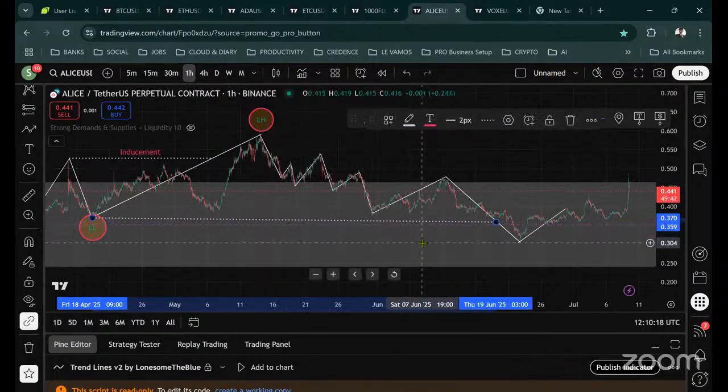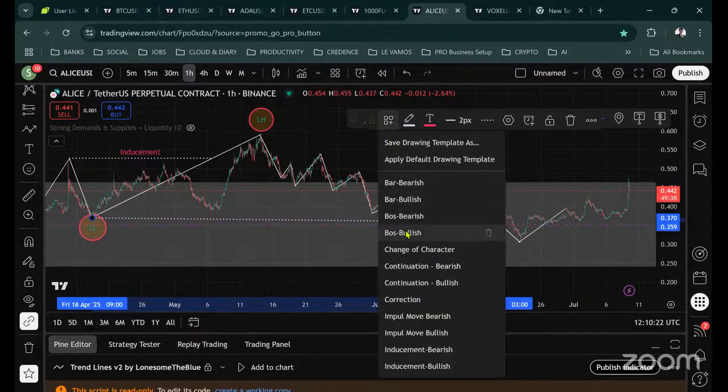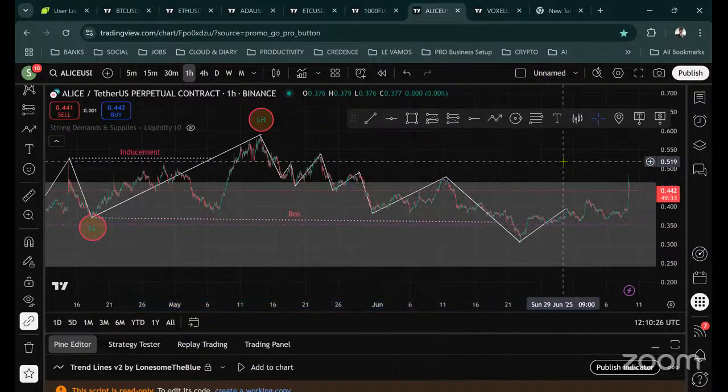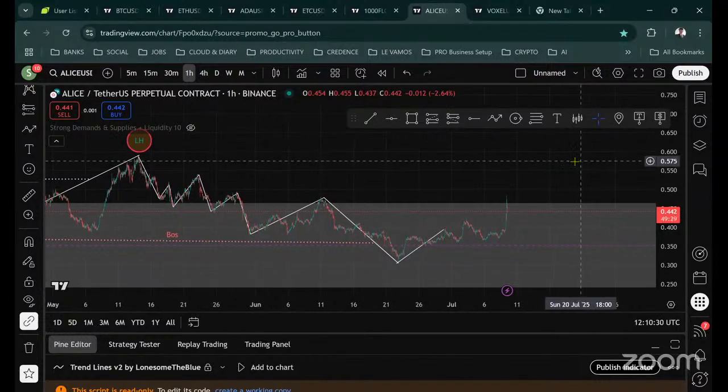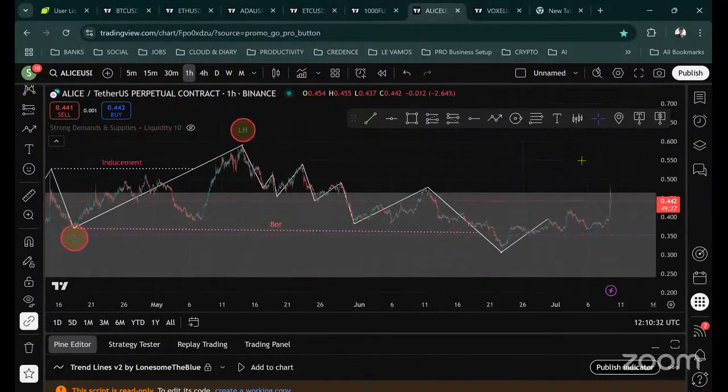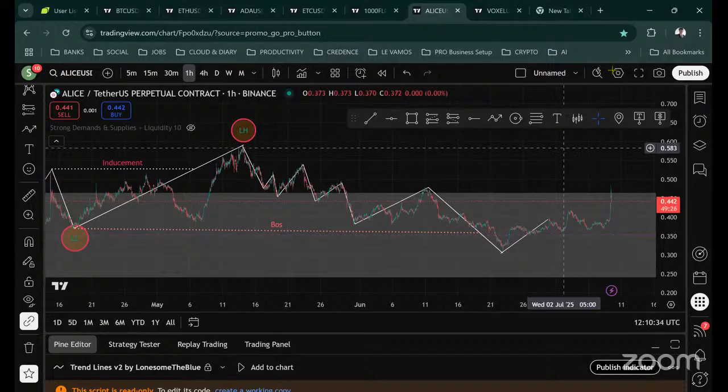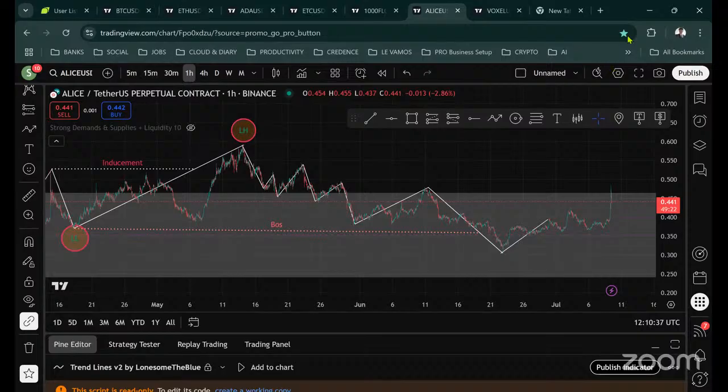So this is a break of structure. Sorry, what did you say? This inducement. You mean this one?